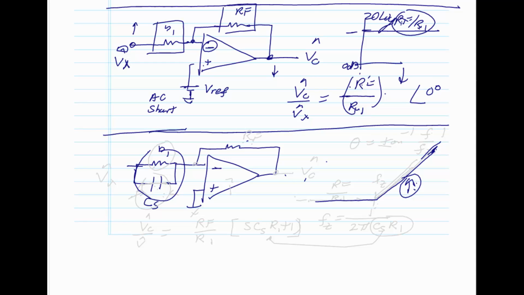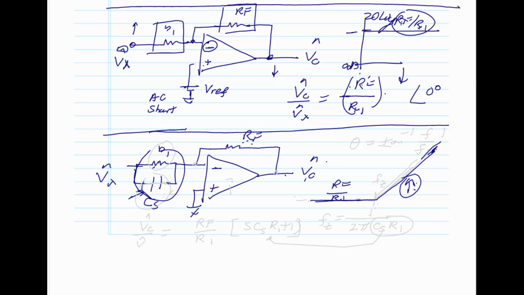Again, this is AC ground, this is the Vx, and this is your VC hat. And this is RF. Again, at DC, we're going to have RF over R1, because the capacitive reactance is infinity, so the capacitor looks open. So we're going to see this gain RF over R1 at low frequency.